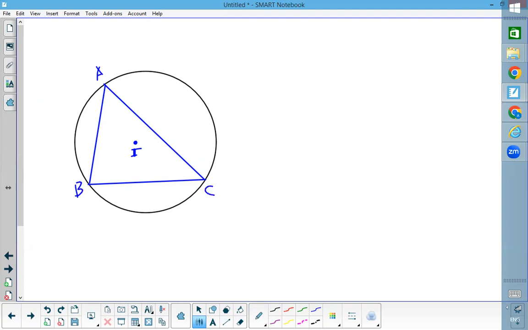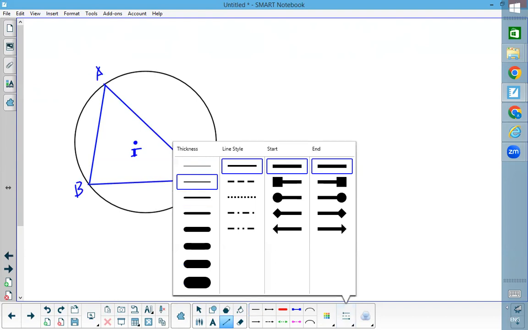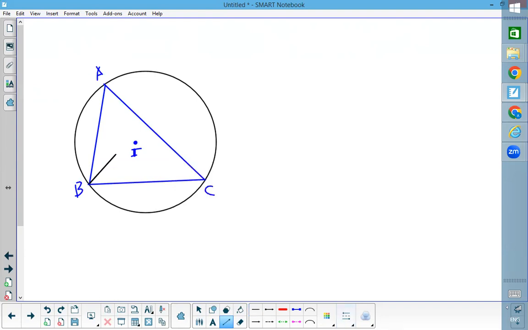The idea is we extend, we draw the angle bisector, because BI is the angle bisector. The first thing you know is that this point here is the midpoint of the arc AC.